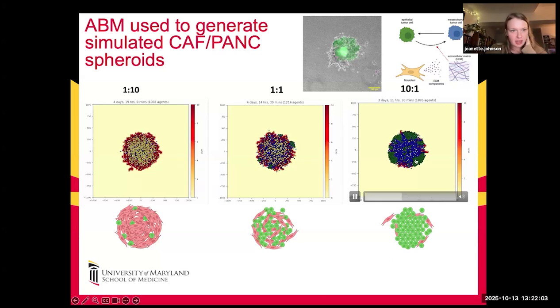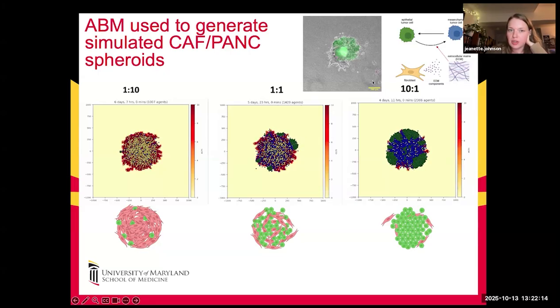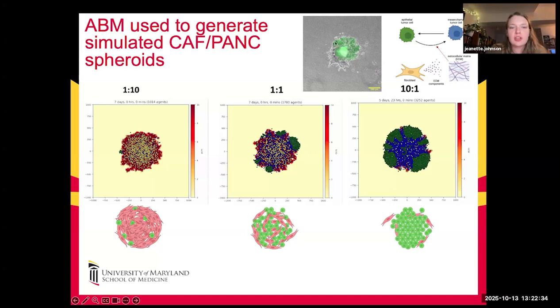And now that we have the correct motility behavior, I'm seeing invasive growth, and it's looking a lot more similar to what we see in the lab, which is that the invasive parts, I guess what you could call it, would be these fronts of proliferating green cells.